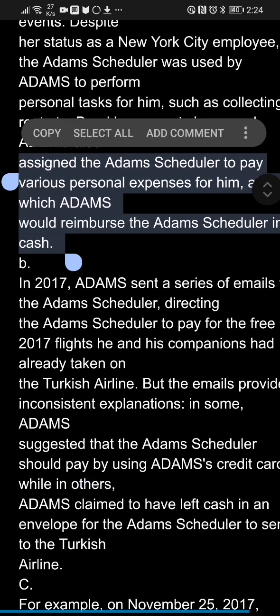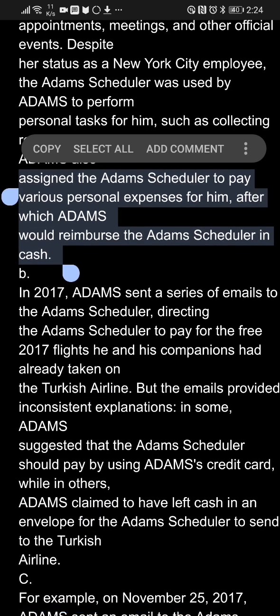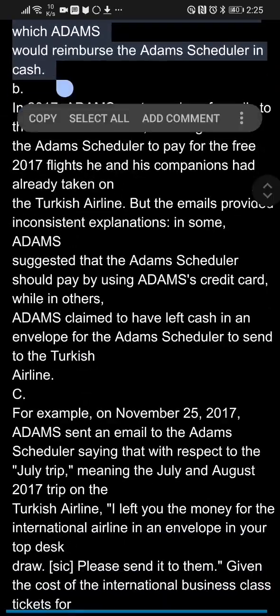But the emails provided inconsistent explanations. In some, Adams suggested that the Adams scheduler should pay using Adams' credit card, while in others, Adams claimed to have left cash in an envelope for the scheduler to send to the Turkish airline. How would you send cash to the Turkish airline? That doesn't even make any sense.